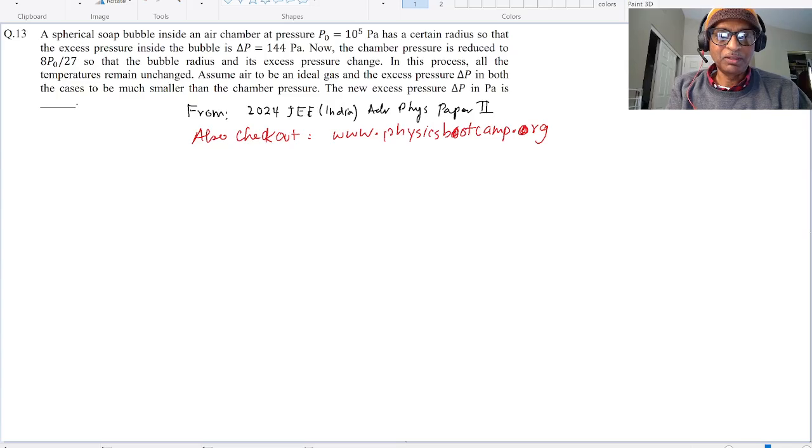So today we have problem number 13 from 2024 JEE from India, Advanced Physics Paper 2.